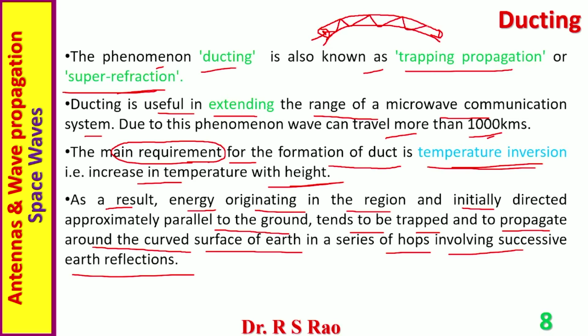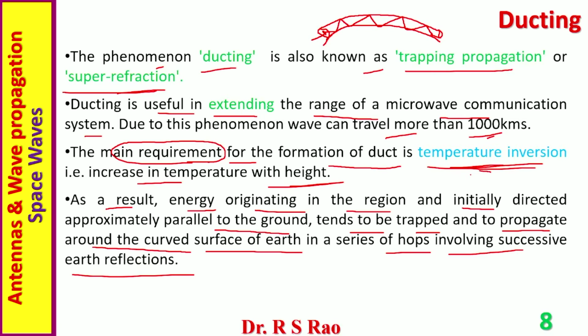Hence, the signal is trapped in the duct. After getting trapped, it travels by multiple reflections to far away distances. The distance can be more than 1000 kilometers. For duct formation, the requirement is temperature inversion.